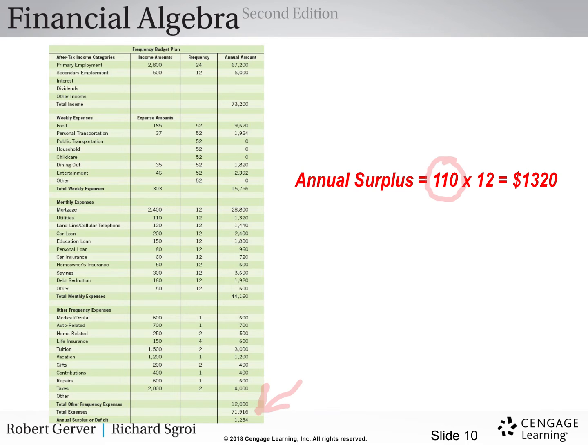Well, if you multiply that times 12, you come out with $1,320, and that's very close to the $1,284. So they're pretty much on track in terms of their surplus or savings, if you will, each month.